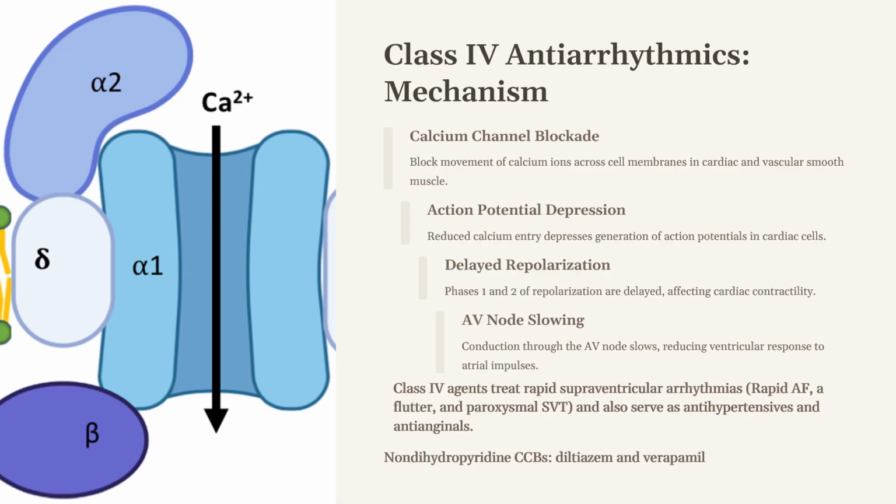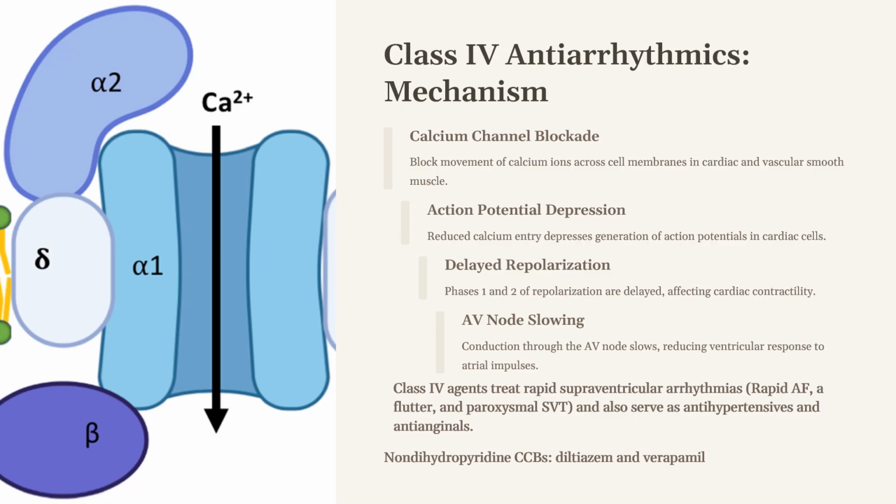Okay, the class 4. These are calcium channel blockers. I'm not getting deep into this because we already talked about it, okay? So diltiazem and verapamil have that more direct negative inotropic effect that decreases the force of contraction, and they also have a negative chronotropic effect, which means they are lowering the heart rate.